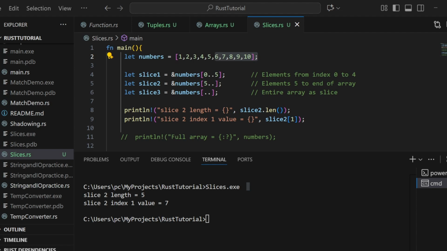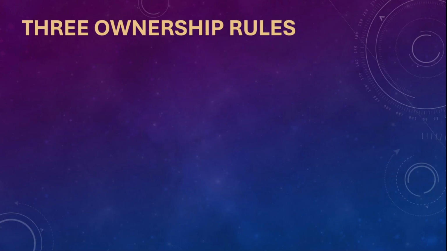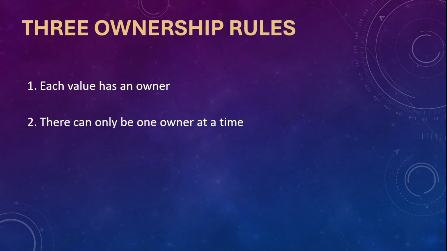Next topic is the most important in the Rust context, and that is called ownership. It is the most famous feature in Rust. This makes Rust both safe and fast. And let me explain the core concept of this. So Rust has three rules regarding ownership. First is that each value has its own owner. There can only be one owner at a time while the Rust program is executing.